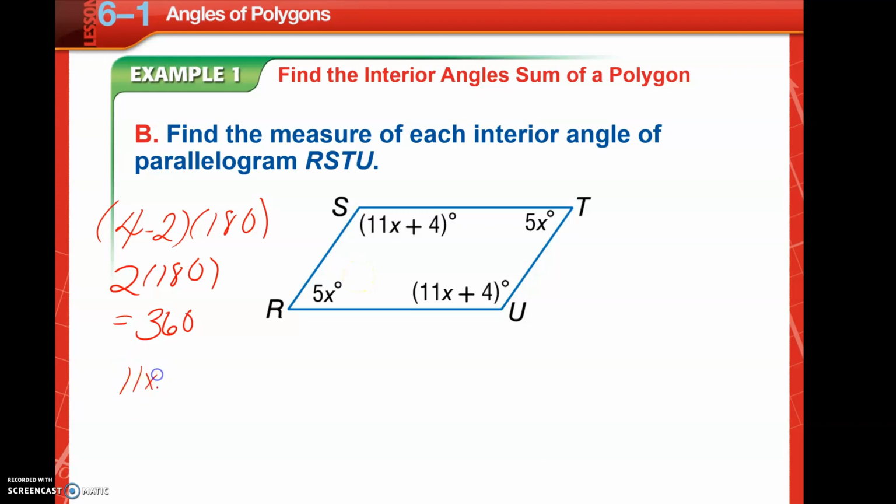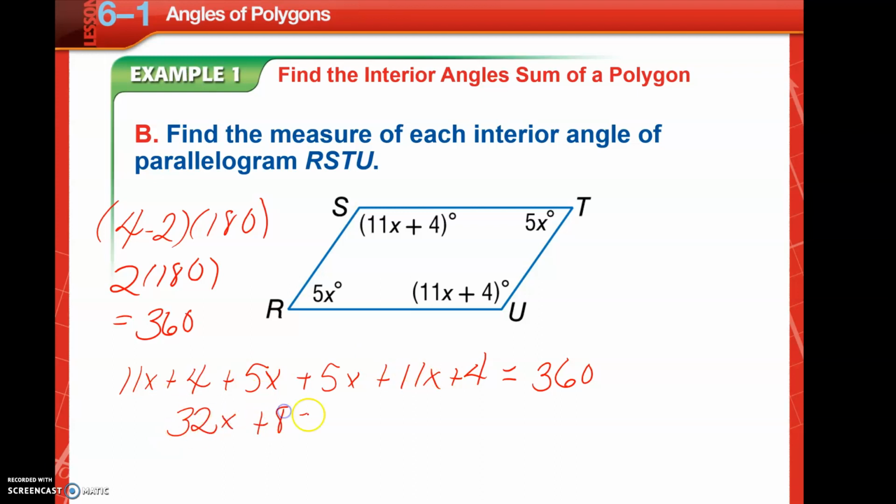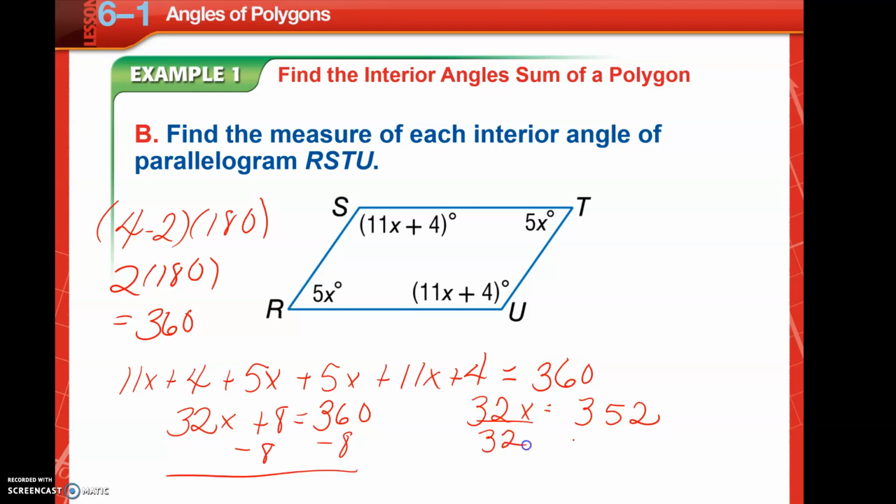I can write my equation as 11x plus 4 plus 5x plus 5x plus 11x plus 4 equals 360, because we know that their sum is 360. I can add my x's together, so 32x plus 8 equals 360. Subtract 8. 32x equals 352, and then divide by 32.